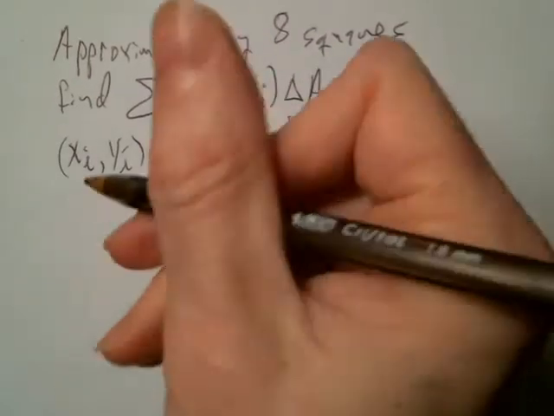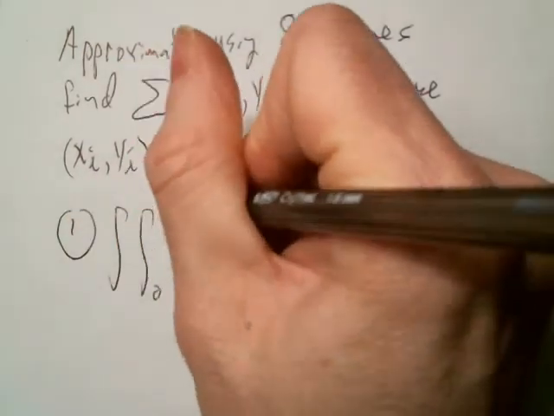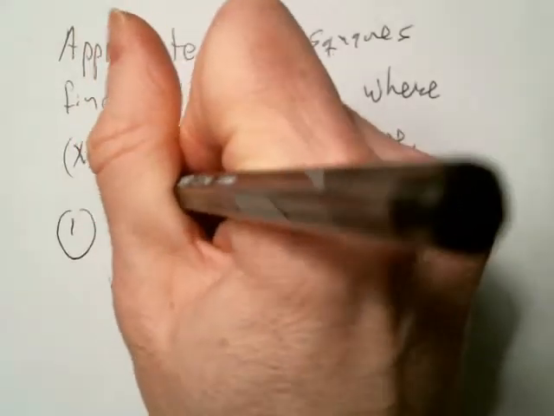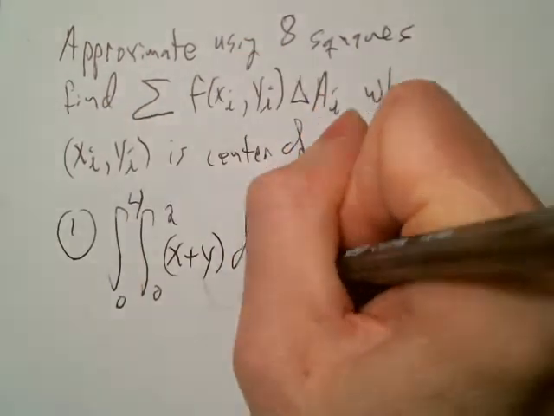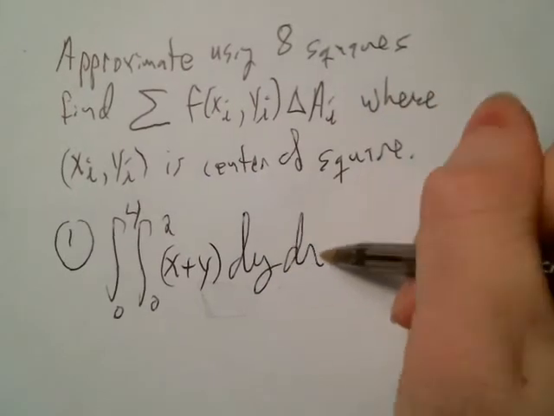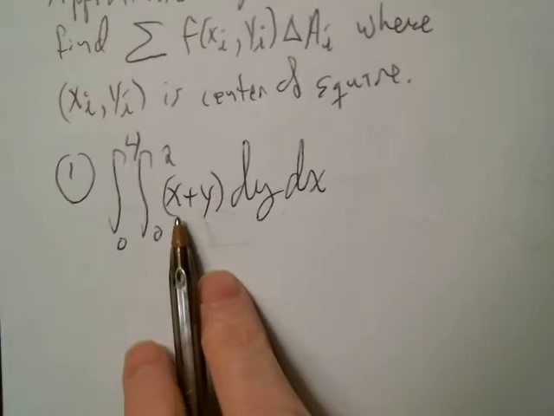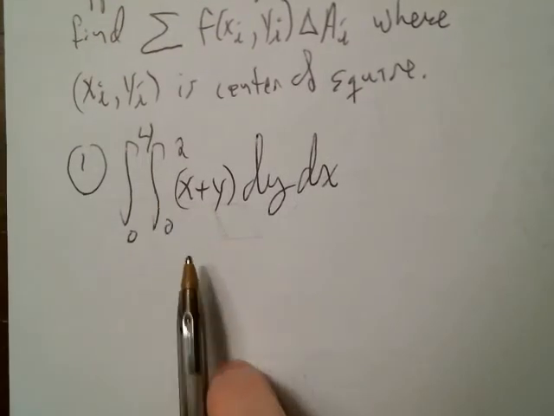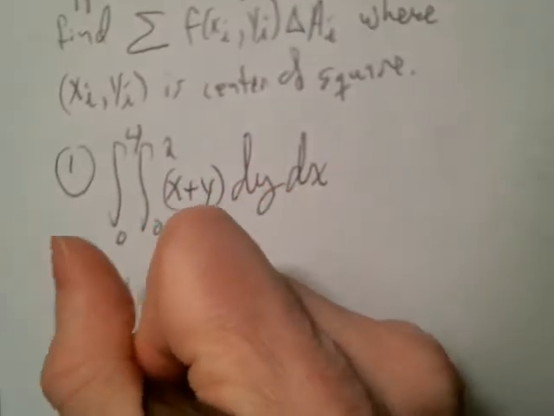Okay, so this is problem 1. It's a double integral from 0 to 2 and then 0 to 4 of x plus y dy dx. So the surface is a plane, and the region we're integrating over looks like a rectangle. Let's go ahead and draw that rectangle.